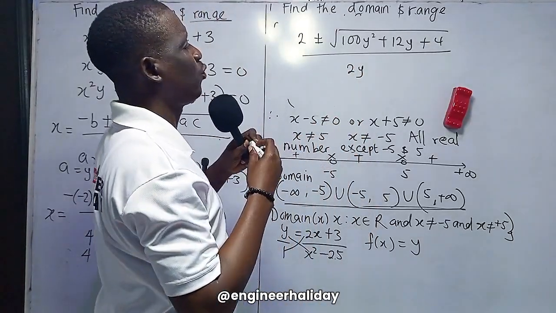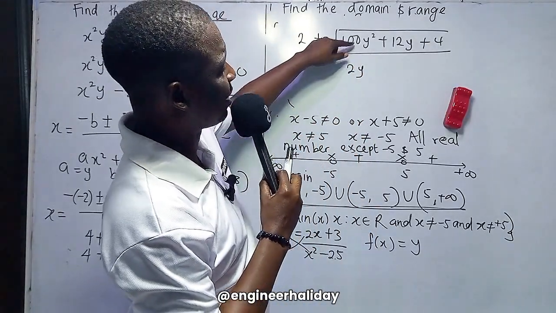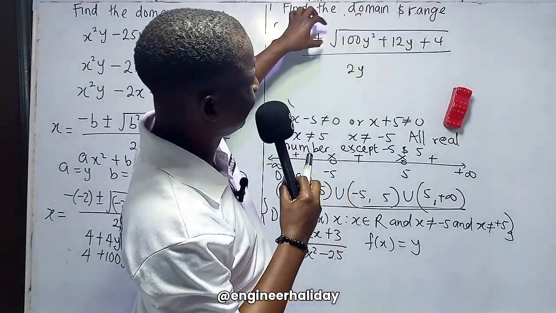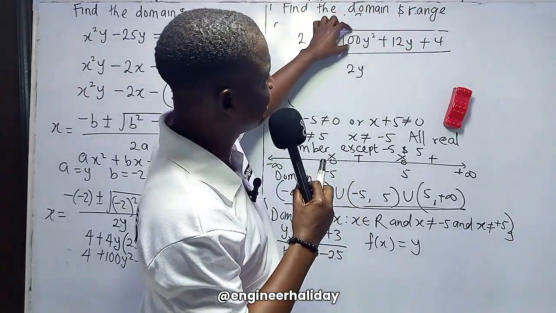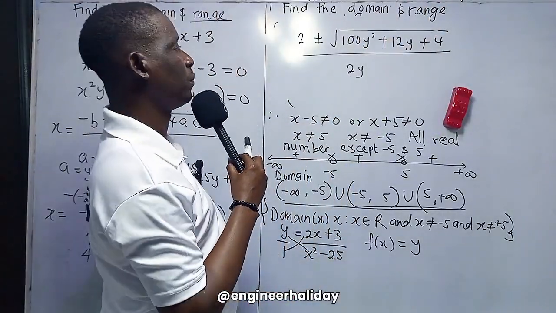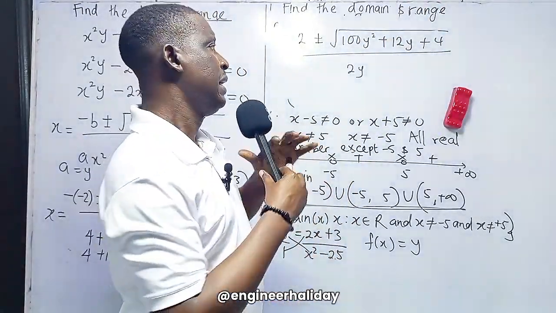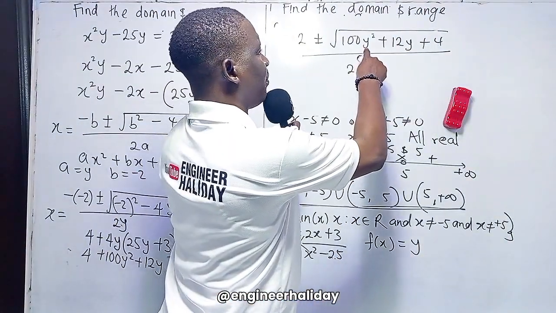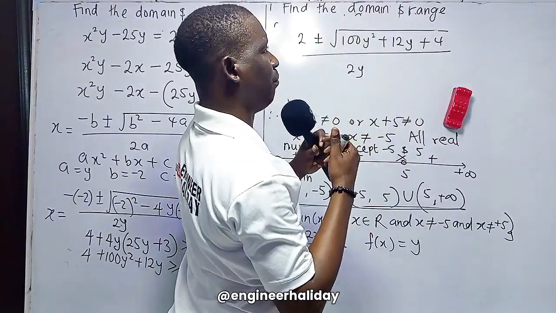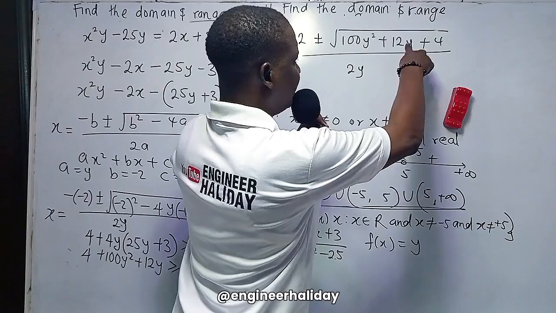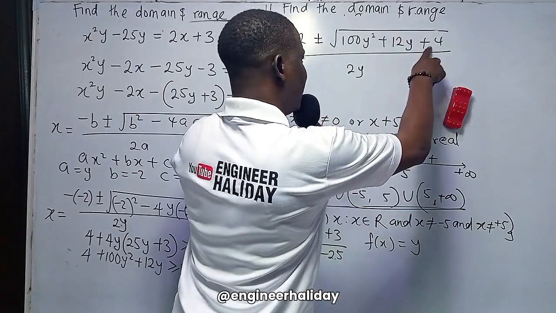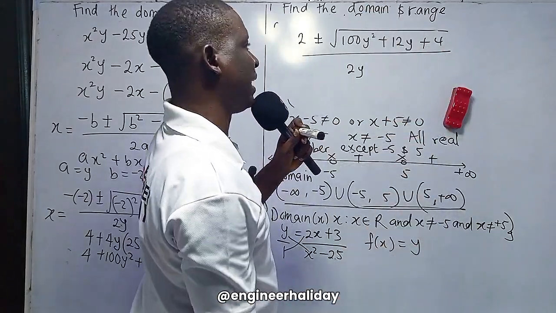There is no particular value that we are going to use here that will make this function undefined for y. Okay, let's try. If you choose minus 1, for example, this thing will still become plus 1, and 100 times 1 is 100. Then this one will give us 4 minus 12, then plus 4. It will give us a positive sign.